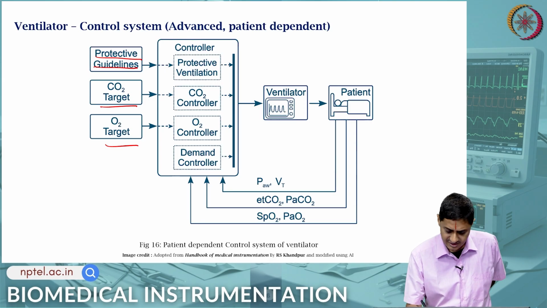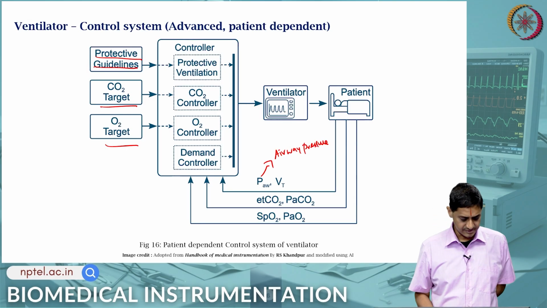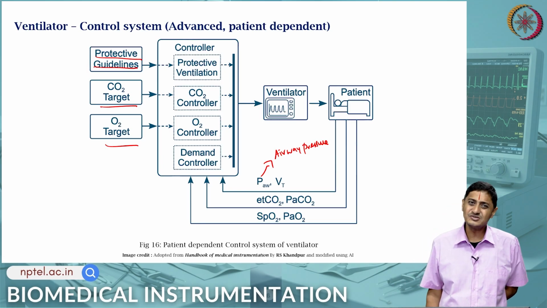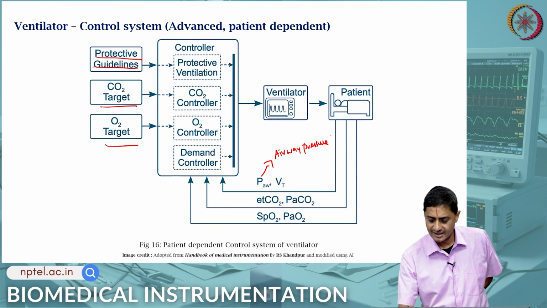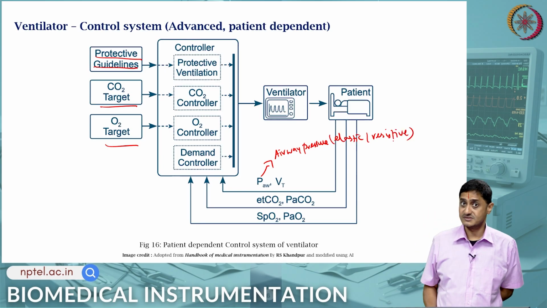What are these? This is the airway pressure, is it not? PAW means airway pressure. This actually includes both the elastic and the resistive components, is it not? There are two components, we already saw this.